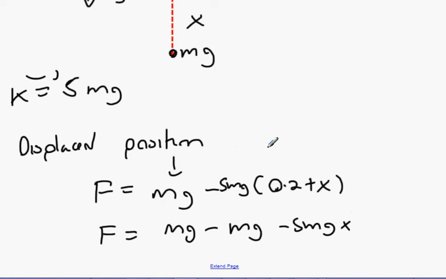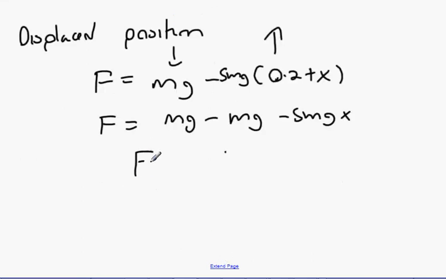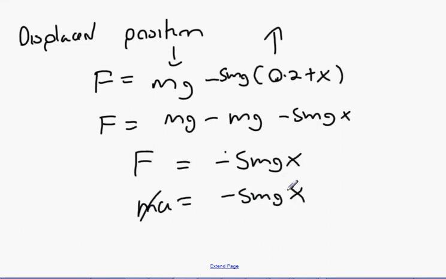Now remember, the tension is bigger than the weight because you pulled it down past its equilibrium position. Tension is going to be bigger. That's why we're expecting a negative number again. F equals minus 5mgx. Now, force equals ma, which is minus 5mgx, and then the m's will cancel.